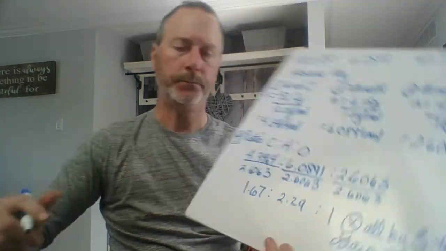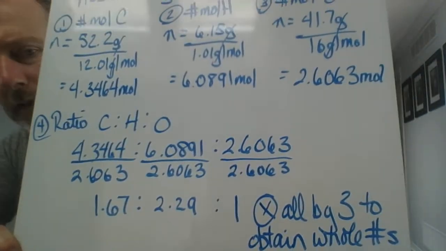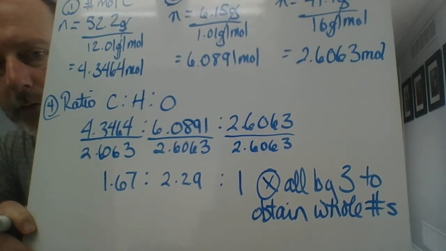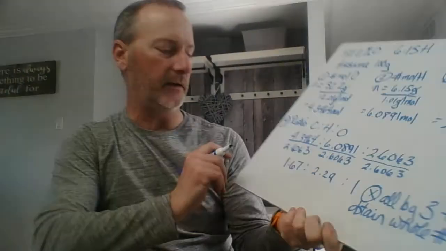So what we're going to do is multiply them all by 3 in order to get whole numbers. That's what I put there. So what that does, this one's pretty simple.